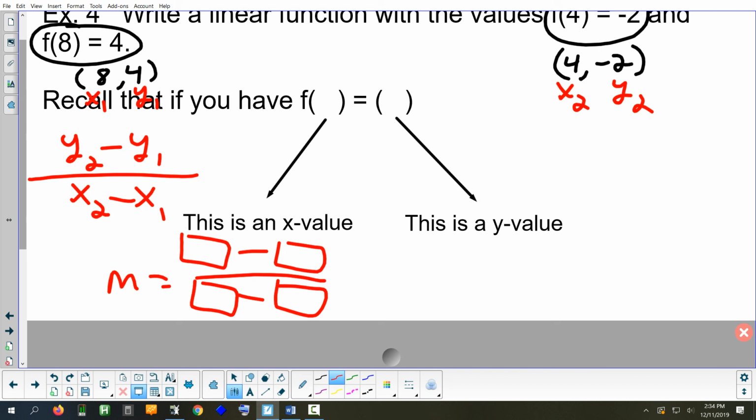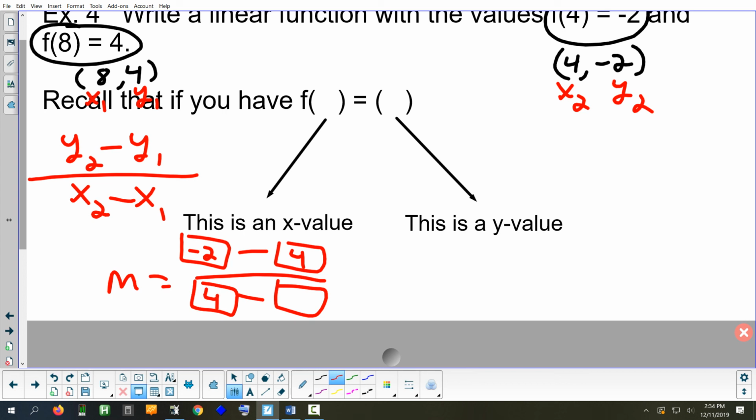What's going to go in the upper left box? y2, which is -2. What's going to go in the upper right box? y1. If you do it the other way, it's okay. You'll get the same answer. What's going to go in the lower left box? 4.